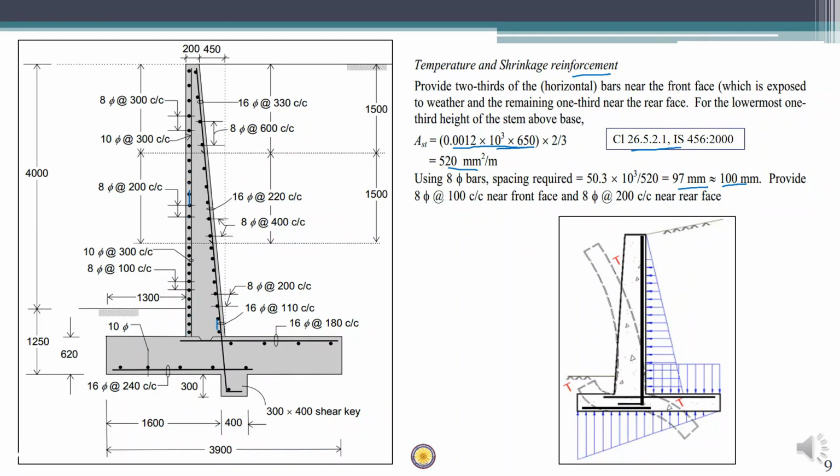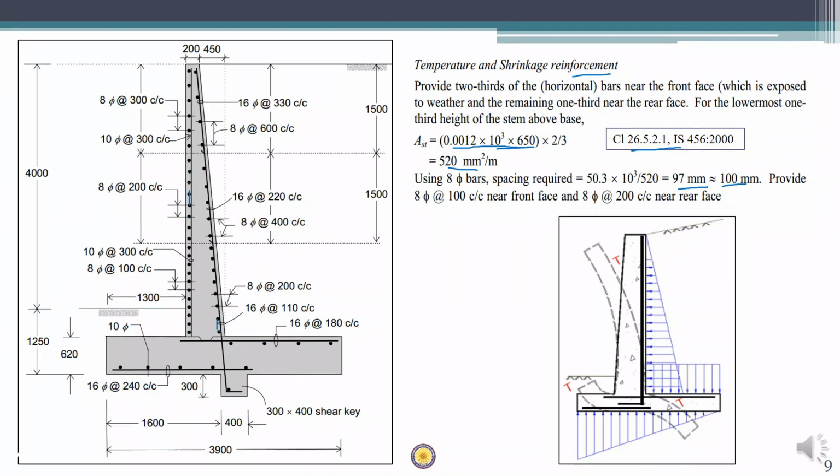Whatever spacing is on the left side, the double spacing will be there on the right side, because here it is 2/3 and here it is half of that, 1/3. It is important to note that in the stem bars we do curtailment, and we do it in 2 stages. We divide the stem into 3 equal parts.